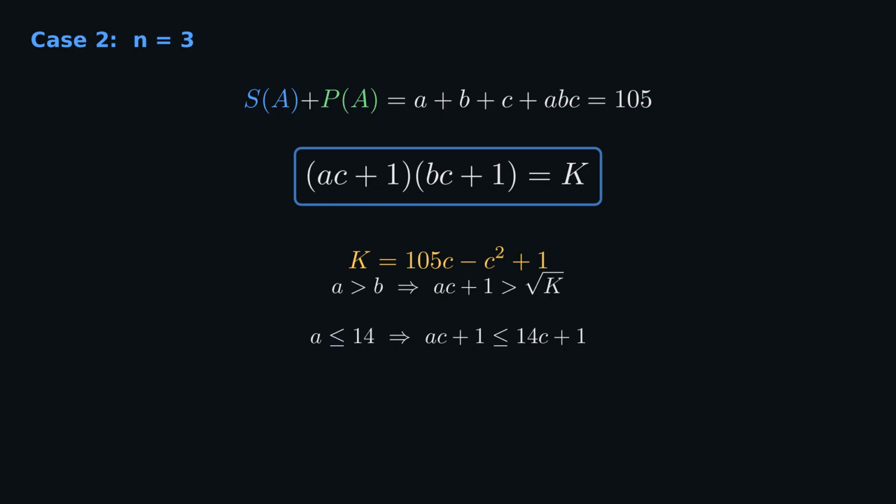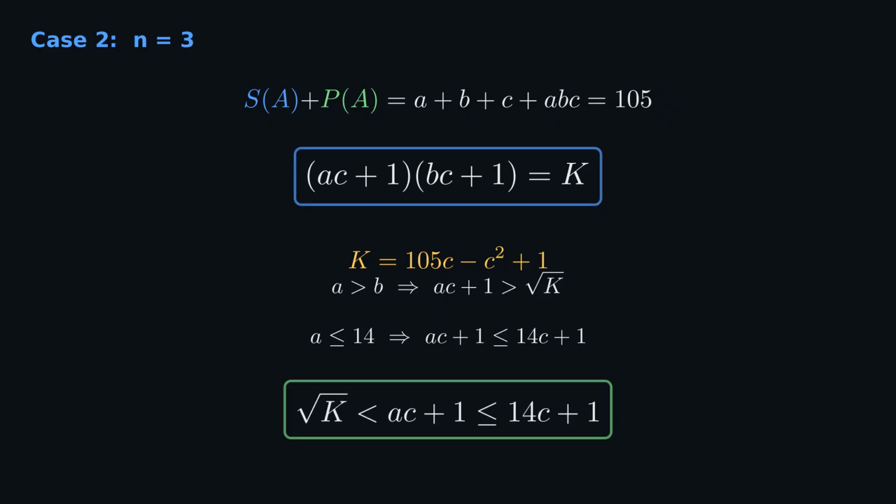So this means that ac plus 1 must be less than or equal to 14c plus 1. So this gives us a bounded expression for ac plus 1, one of the factors on the left-hand side. And ac plus 1 has to be between the square root of K and 14c plus 1. And it cannot be equal to the square root of K, but it can be equal to 14c plus 1.